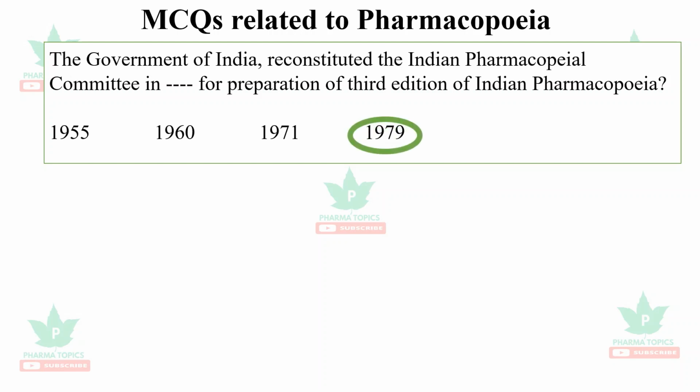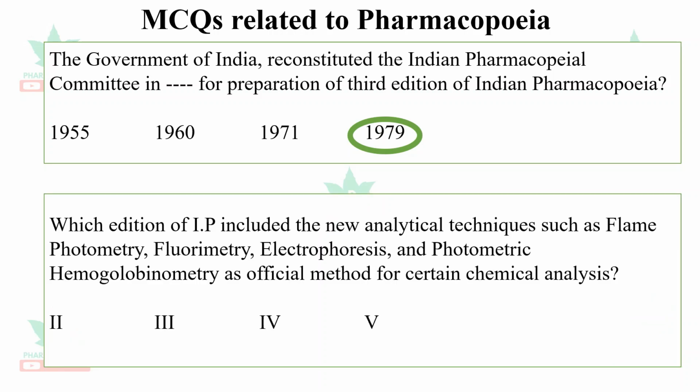So it is 1979. Which edition of IP included new analytical techniques such as flame photometry, fluorimetry, electrophoresis, and photometric hemoglobinometry as official methods for certain chemical assays? The options are 2, 3, 4 and 5. So it is the third edition.